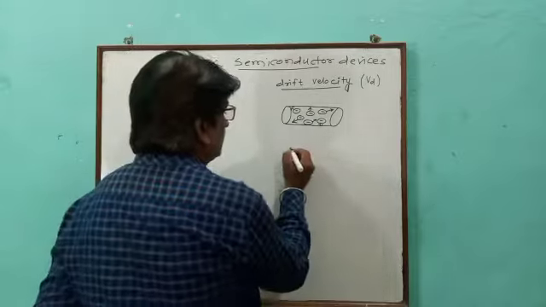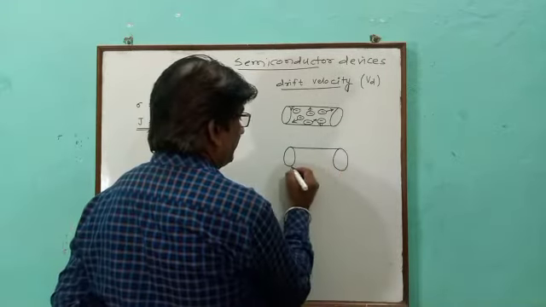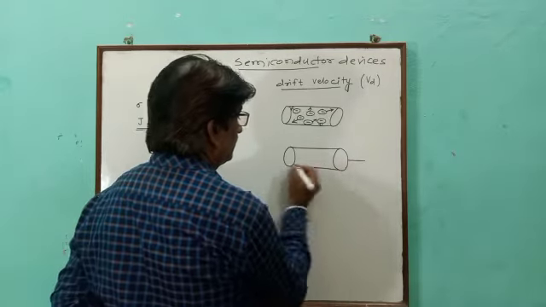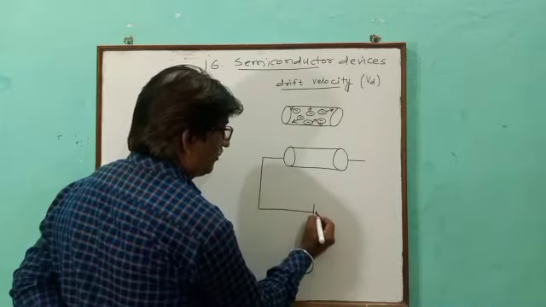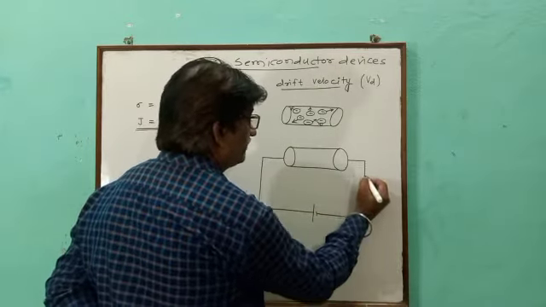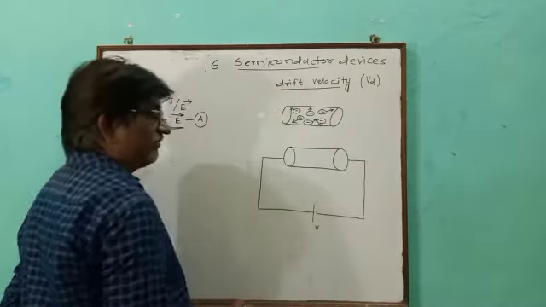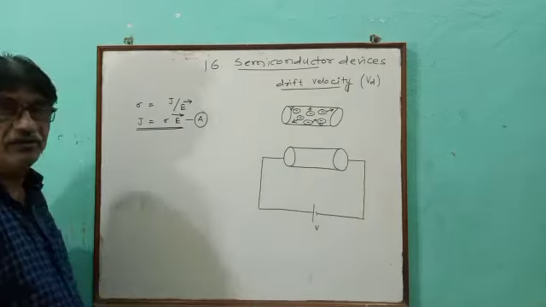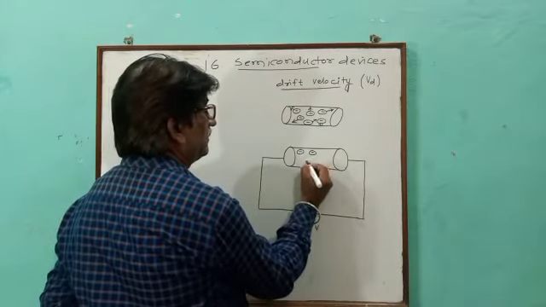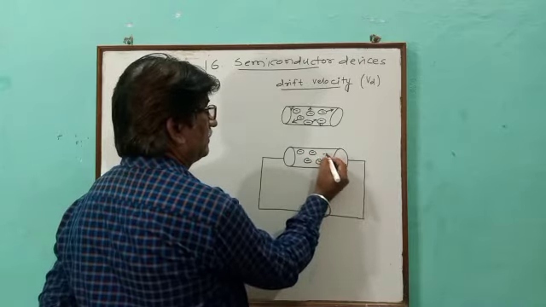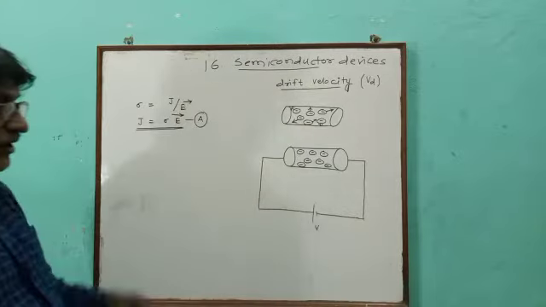But if the metal rod is connected across an electric field of potential V, what happens? Inside the metal, a number of electrons are present per unit volume.